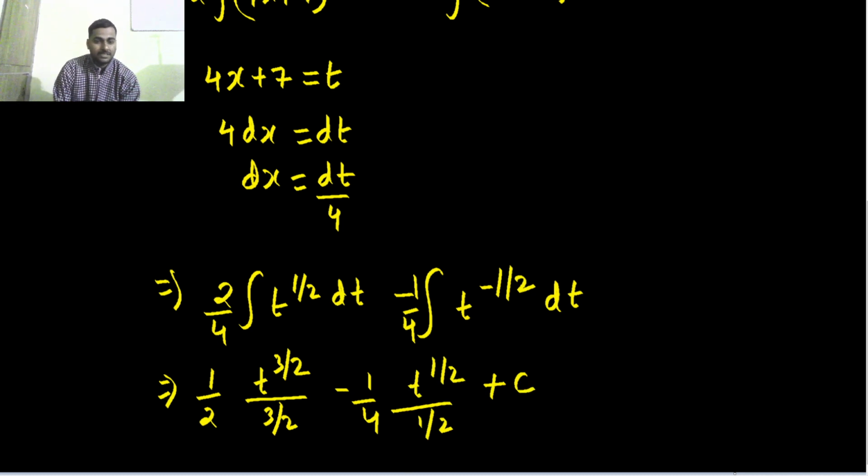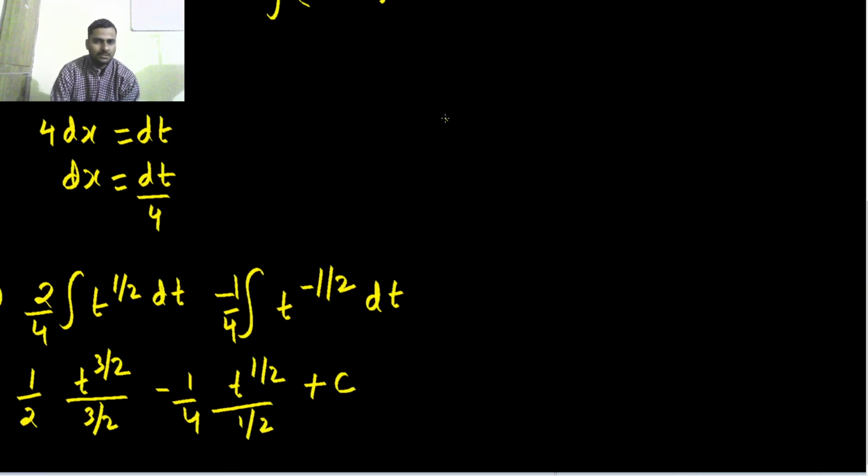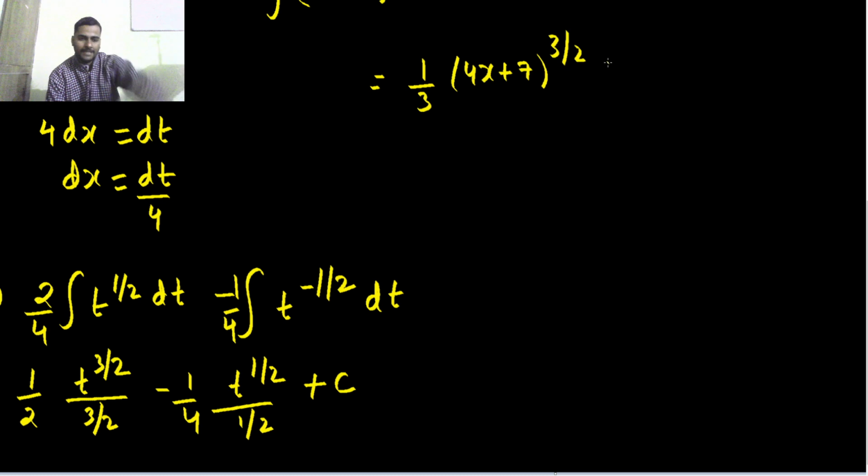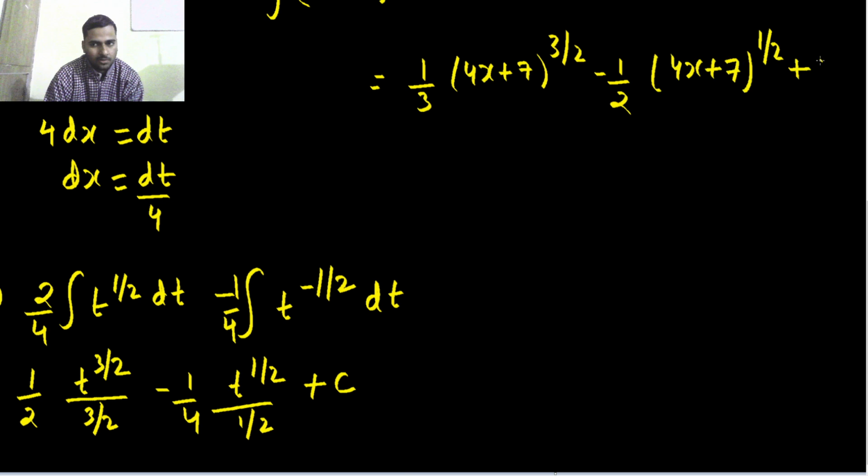Now t was your substitution, so you can finally write this. 3 by 2 can go up as 2 by 3, the 2 will get cancelled. So 1 by 3, t is nothing but 4x plus 7 power 3 by 2, and this half can go up as 2 by 1, 2 by 4 is nothing but half. These calculations you can do, I hope so. So 4x plus 7 plus a constant.